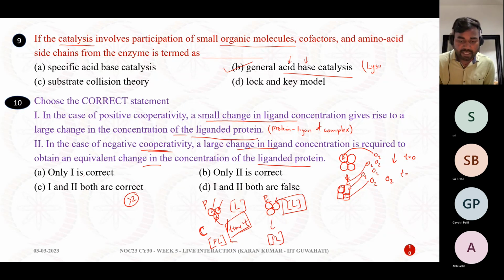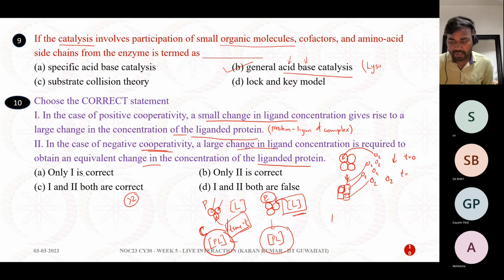So if you want to achieve the same concentration, then you have to increase the ligand concentration more and more, right? In case of negative cooperativity, you have to have so much concentration of the ligand so that you can achieve this particular concentration.